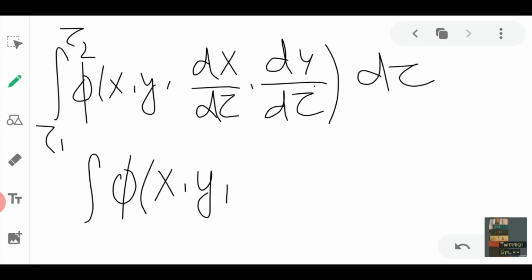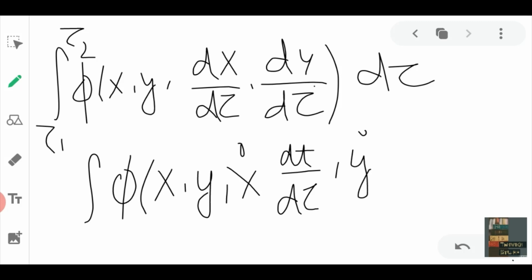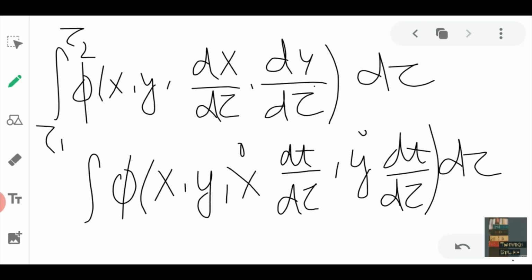So what we get is x dot from dx over dt, and then a dt divided by d tau. Again we do the same trick and we get the following. And because phi is homogeneous of order 1 in x dot and y dot, we get this factor out of the integration. So we get dt over d tau outside.